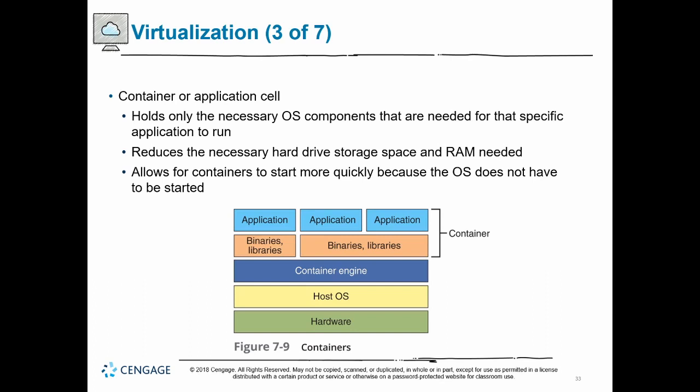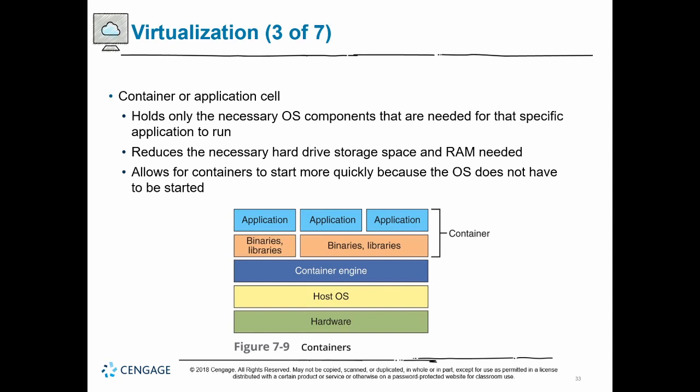So virtualization, and the container application cell. Essentially what containers are is that you have one operating system, and then it has containers which you can run different applications on, right? All those applications are using essentially one kernel.